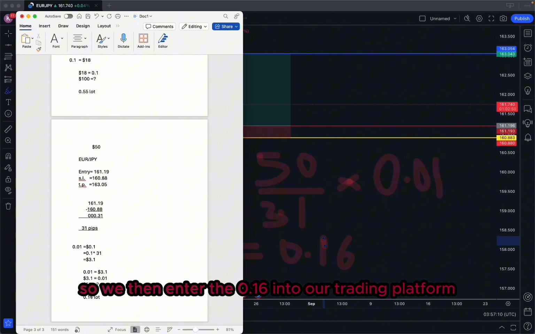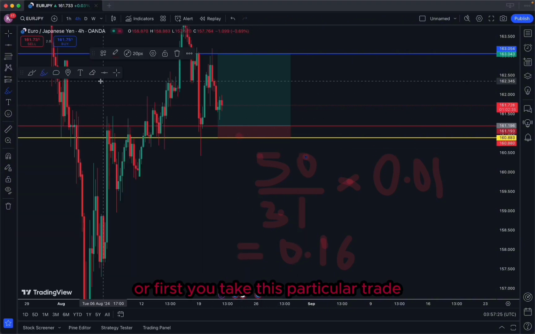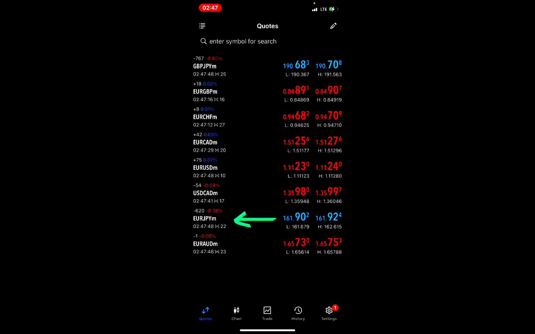So we then enter this 0.16 into our trading platform, that is the MetaTrader 5 or MetaTrader 4, for us to risk this $50 and take this particular trade. Let's go to the MT5 and take this trade. We took the trade on EURJPY.